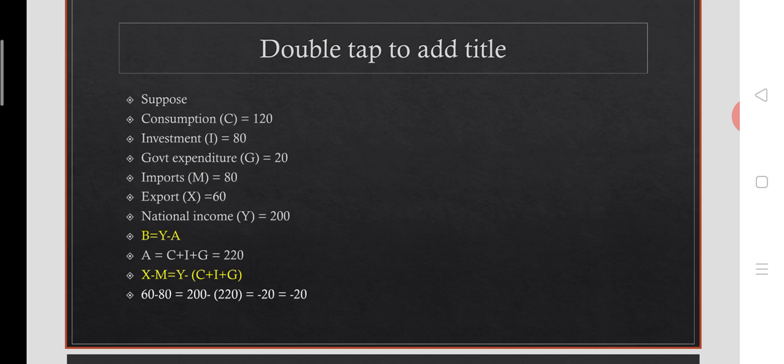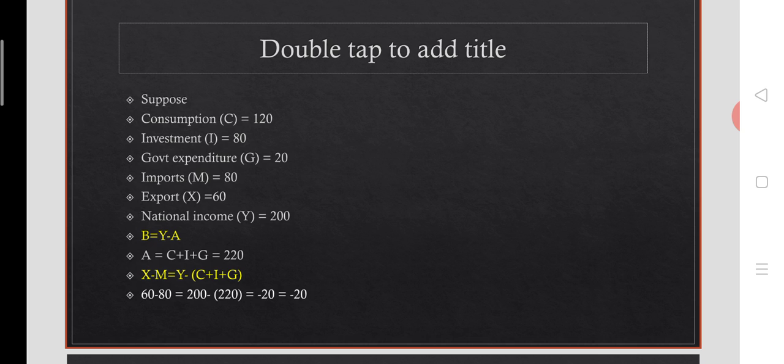And so the same can be written as X minus M. X minus M is the trade balance, that is equal to B. B is equal to X minus M. So X minus M is written instead of B, that is equal to Y minus A. A is equal to C plus I plus G. So 60 minus 80, that is minus 20, is equal to 200, the national income, that is Y is equal to 200, minus 220, the total domestic expenditure or absorption.